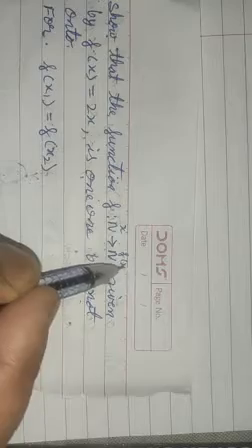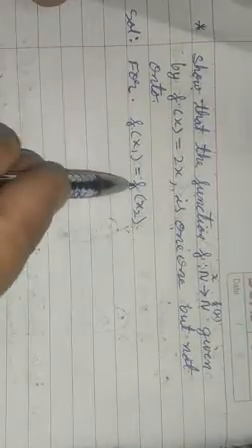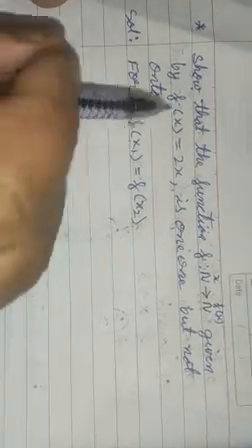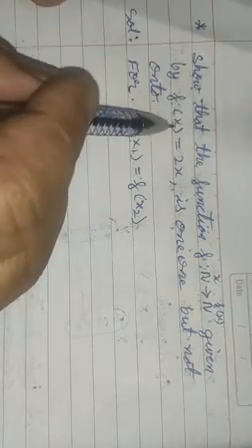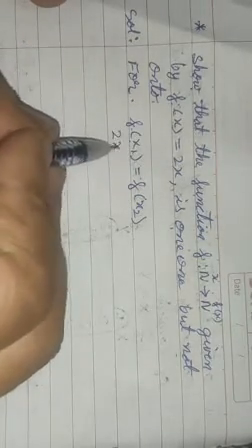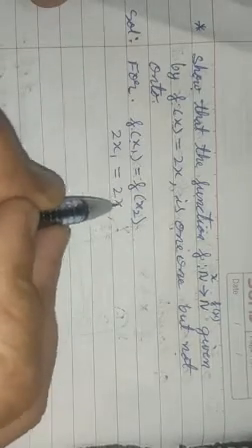Now what is x? x is this one and f(x) is this one. So x should be a natural number and f(x) should also be natural. Now see here, if we take f(x1) equal to f(x2), then what are we getting? Now value of f(x) is 2x, the value of f(x1) will be 2x1, equal to f(x2) will be 2x2.